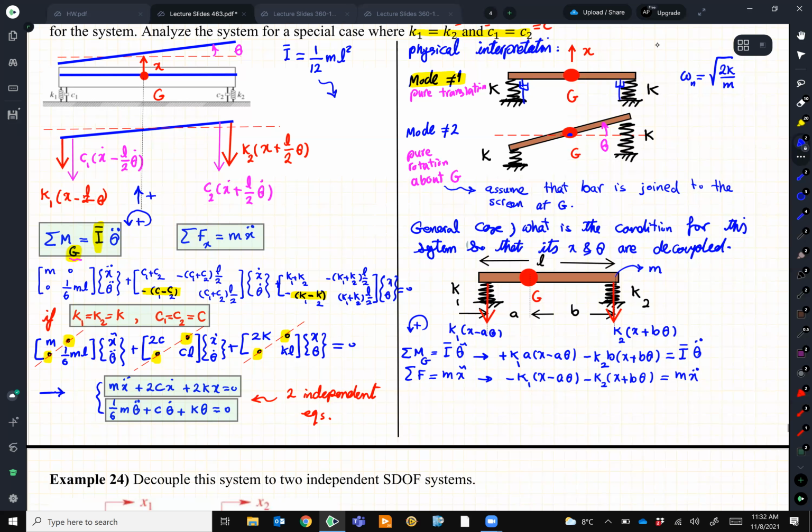And let's stop, check, make sure that we are correct. So remember, we have these two forces. We take the moment about point G and our positive directions, that's for rotation, and upward is for x. So this is our x and theta.